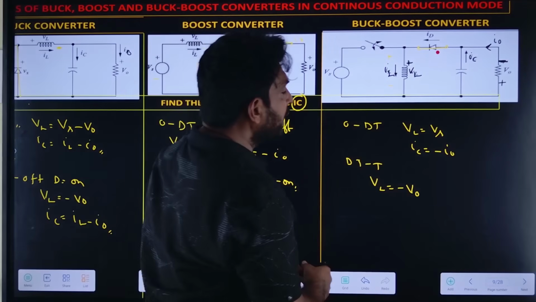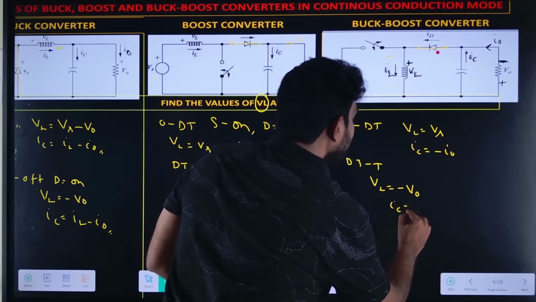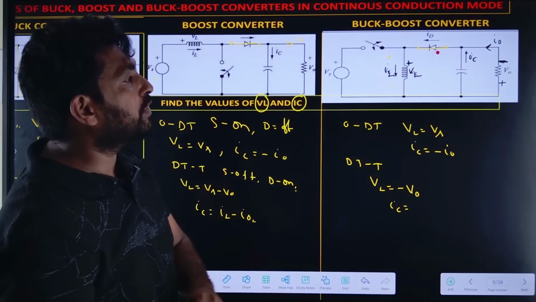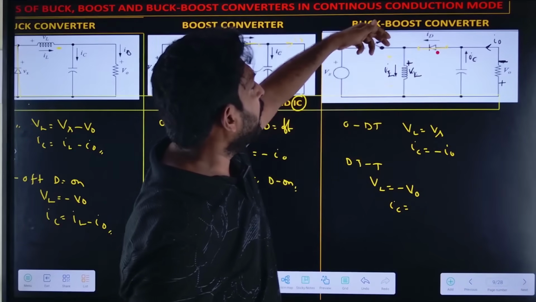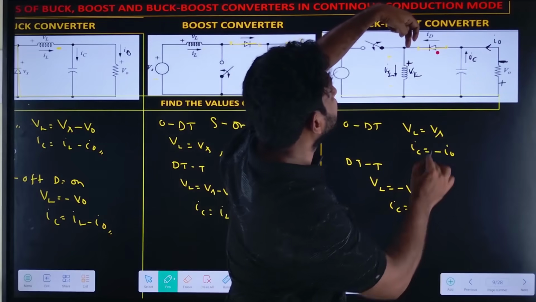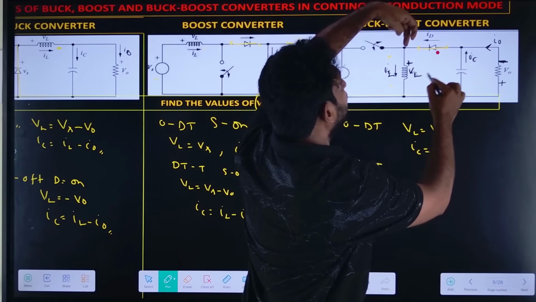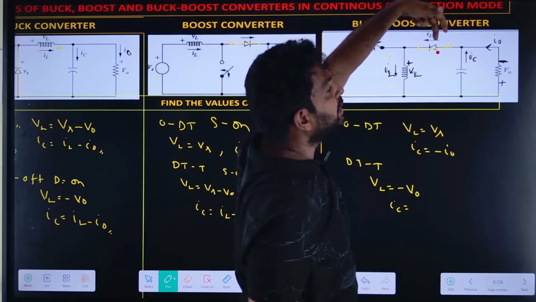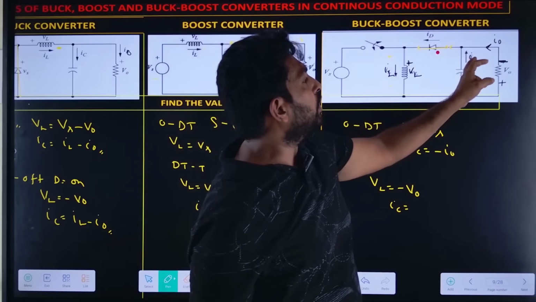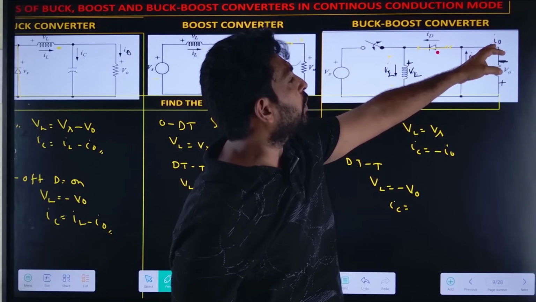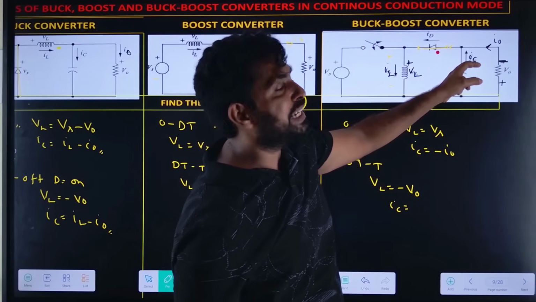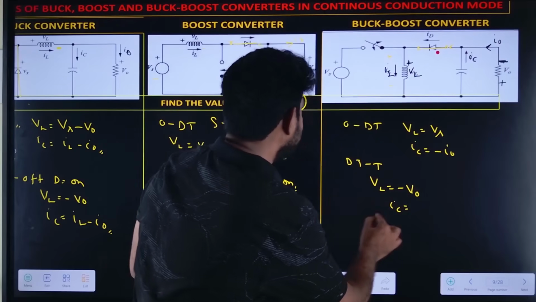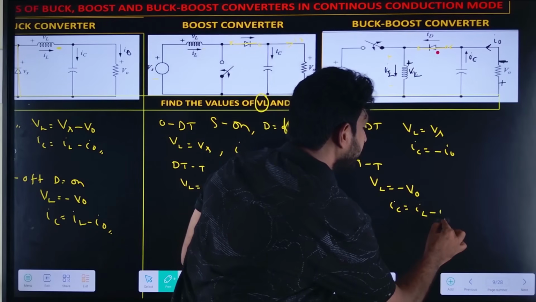Now what is the IC value? The inductor current is also flowing here. So I naught equal to IC plus IL. So IC equal to IL minus I naught.